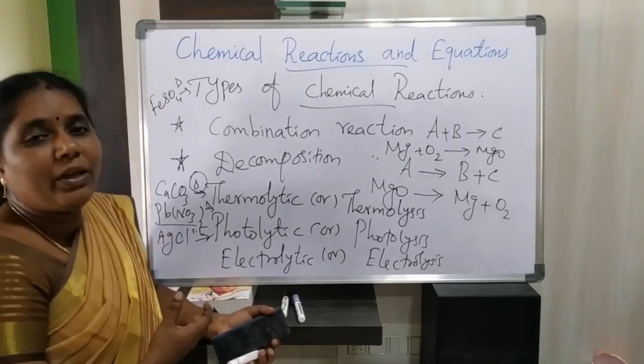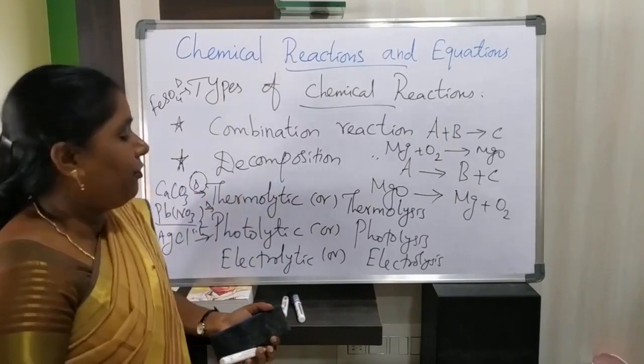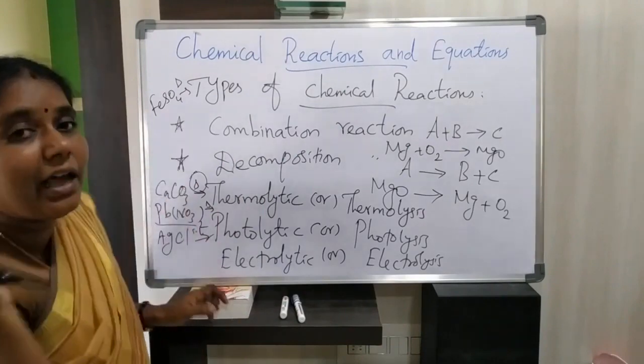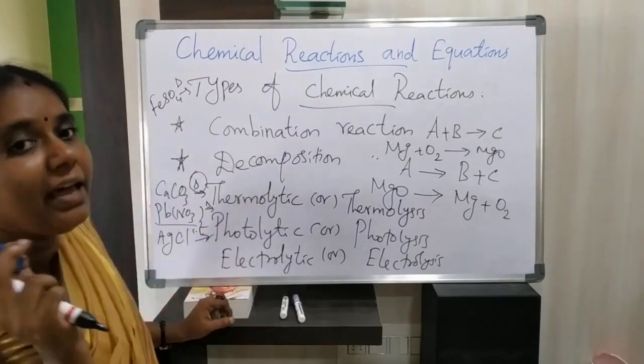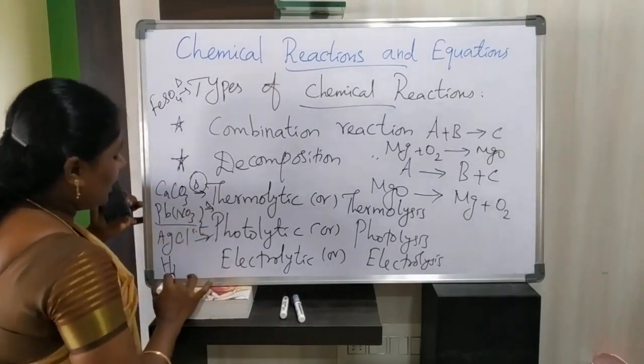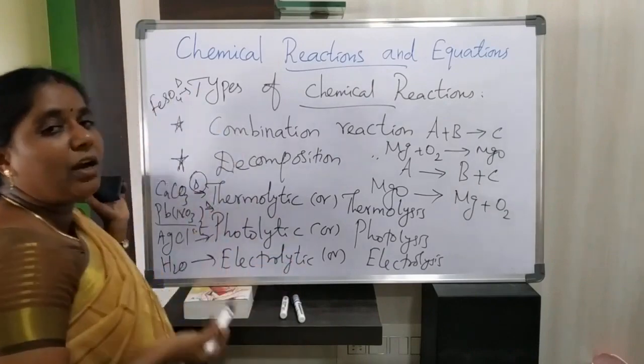We know very well that silver chloride and silver bromide are also used in black and white photography. Next, electrolytic decomposition or electrolysis takes place in the presence of electricity. We discussed that water, in the presence of electricity, splits to form hydrogen and oxygen.